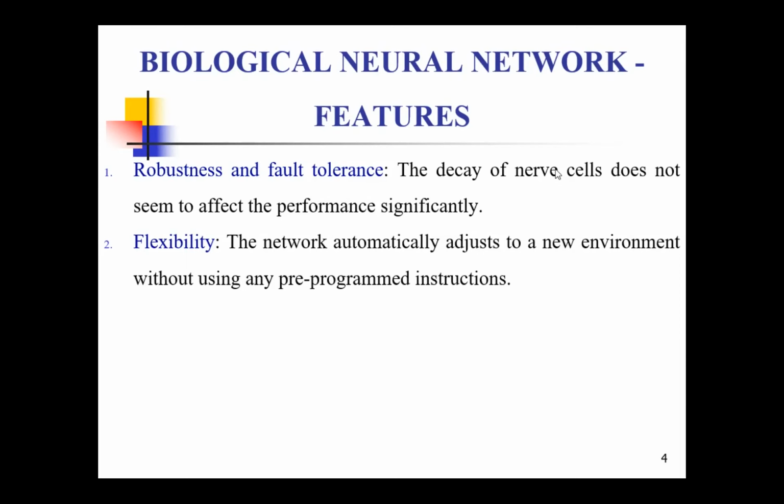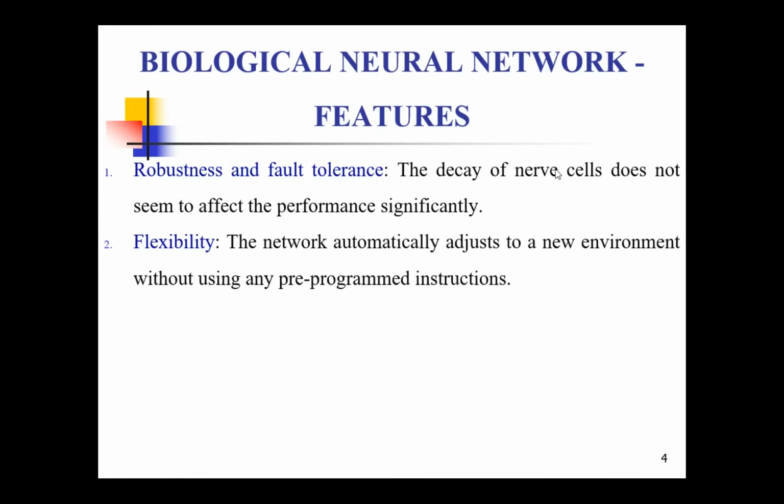The second one is flexibility. We normally adjust to a new environment more rapidly without any programs. So that is in our system. These biological networks automatically adjust to whatever new environment they are supposed to have, without any pre-programming.